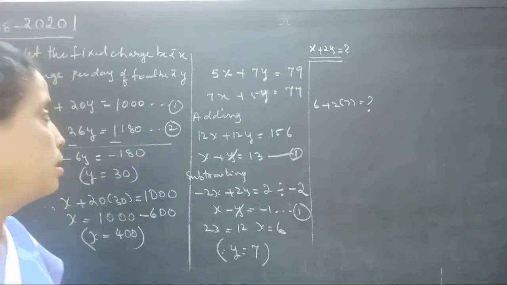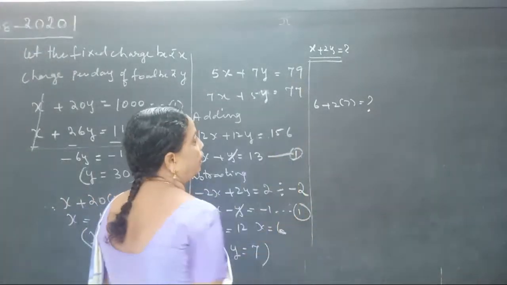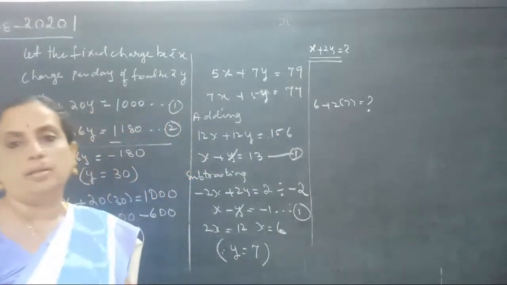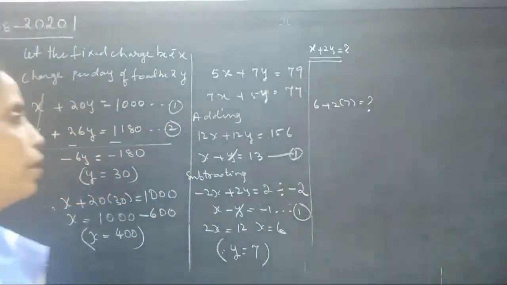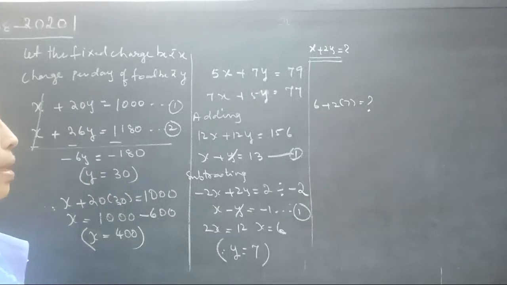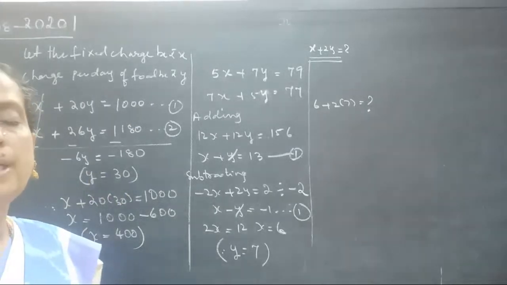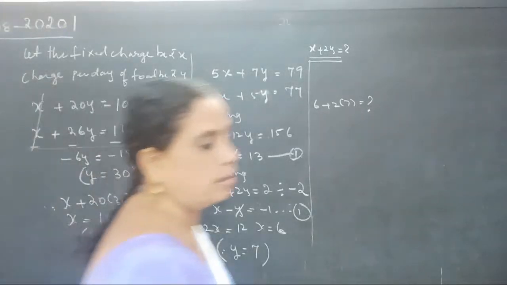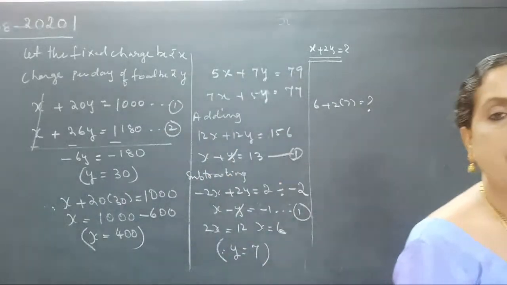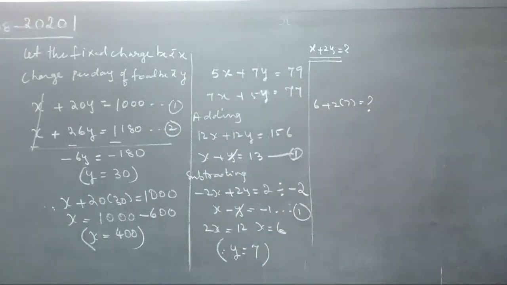We require the answer as the total amount given by the person to the shopkeeper, x plus 2y. It is rupees 20. Such a type of question you will get as an MCQ where we require the calculation, then we have to opt for the answer. Is it clear?